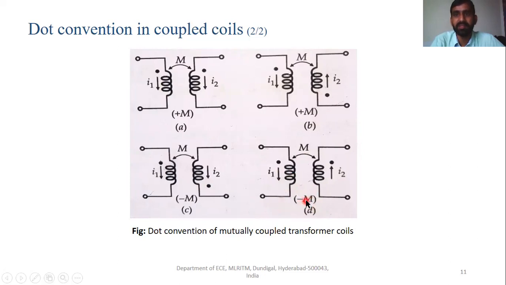Negative in the sense that, for example, if the left side of the coil is wound in some manner, the right side of the coil is wound in the reverse manner. So that means the magnetic flux associated with coil 2 will be acting opposite to the magnetic flux associated with coil 1. So here the mutual inductance is going to be negative.